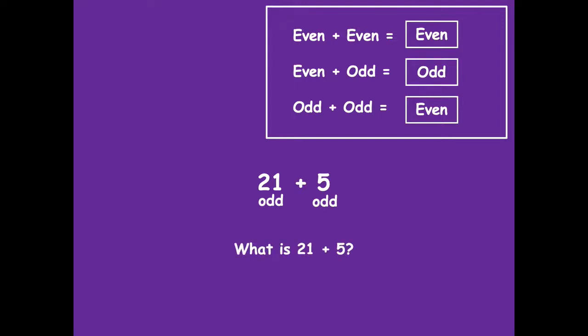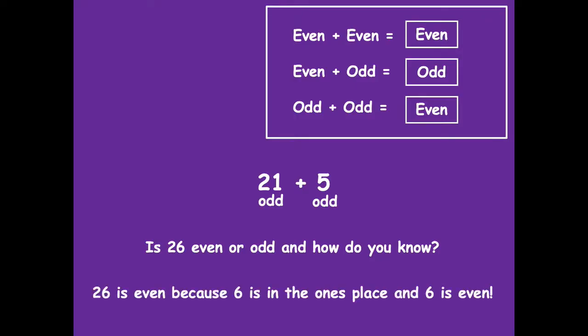So what's 21 plus 5? Yeah, it's 26, right? Is 26 even or odd, and how do you know? Well, 26 is even because 6 is in the ones place and 6 is even. Or our new rule of an odd number plus an odd number equals an even number. Oh, man, that's so cool.